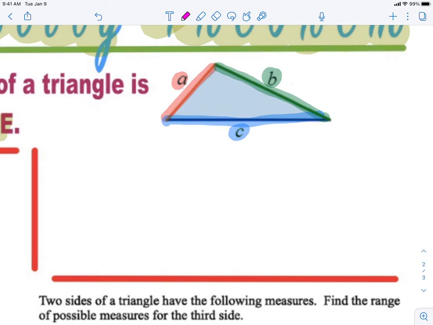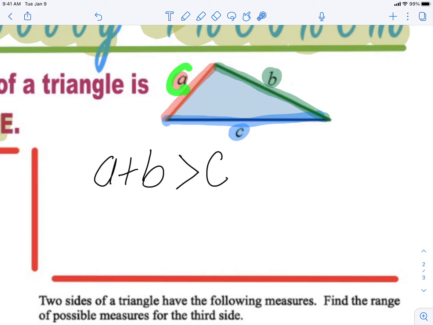So let us write. A plus B has to be bigger than C. That's one.